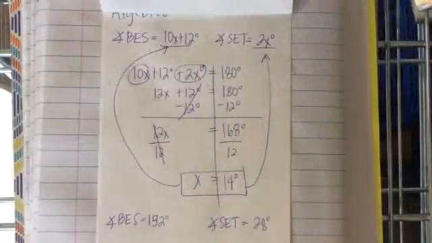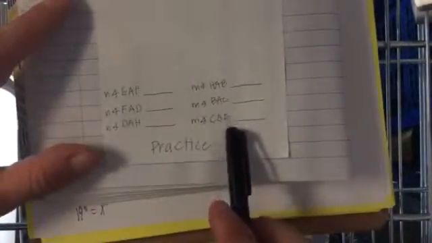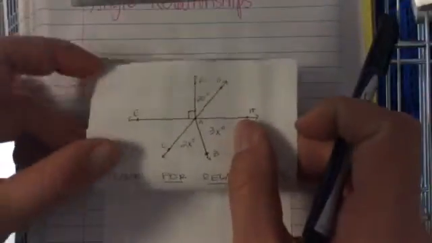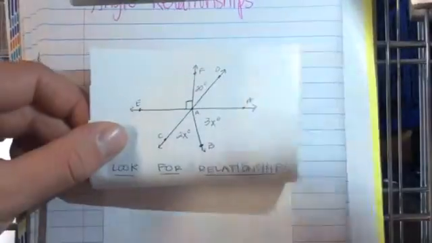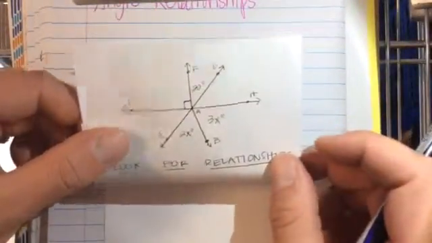So we're going to use those principles, those angle relationships, to solve our practice section. At the bottom you'll note that there are 6 angles that we're trying to find. Let's start with EAF. What does angle EAF equal?